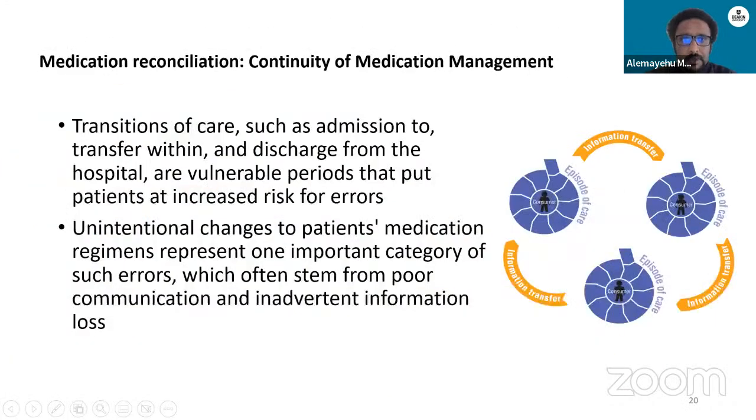Okay, so let's come to medication reconciliation. Transition of care is usually admission or transfer within the hospital, or even transfer from nurse to physician, nurse to nurse, physician to physician, and from discharge to home, discharge to residential care or nursing unit.